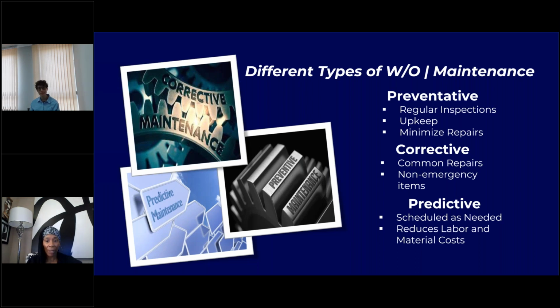Then, of course, you have your common ones, which are corrective work orders and maintenance, your non-emergency items, and predictive. These are things that are scheduled as needed, and it reduces labor and material costs for the property manager or the landlord. For example, that would be a schedule of the pest man coming every 3 months. Again, during that lease process, it's very important that they explain that to the tenant, not saying that there's actually a pest problem.